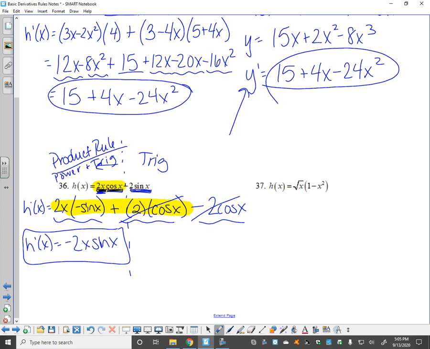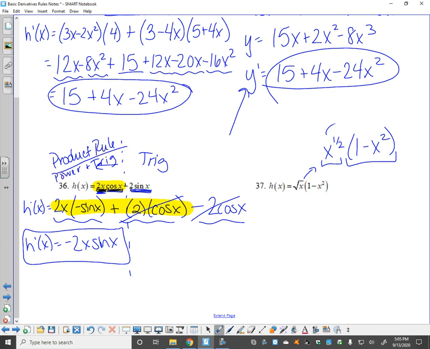Okay, 37. First thing I'm going to do is a little prep work and make it x to the 1/2 times 1 minus x squared. Okay, now you have a choice. Because on this one, you know power rules, like not calculus power rules, algebra power rules. I could do the product rule, the x to the 1/2 being your f of x and the 1 minus x squared being your g of x.